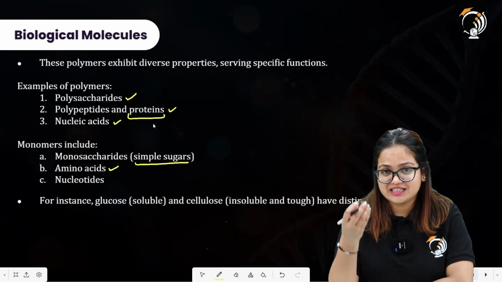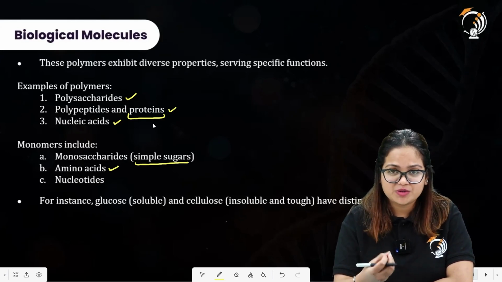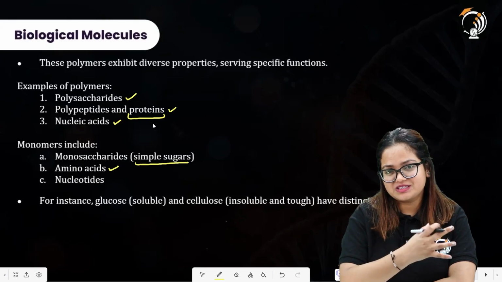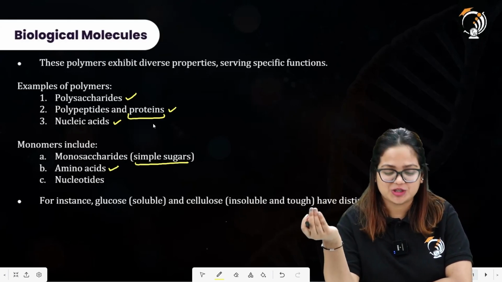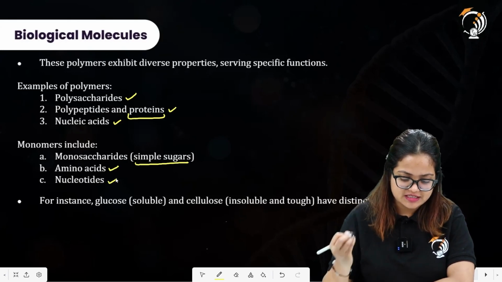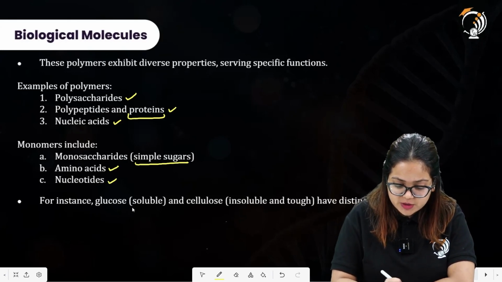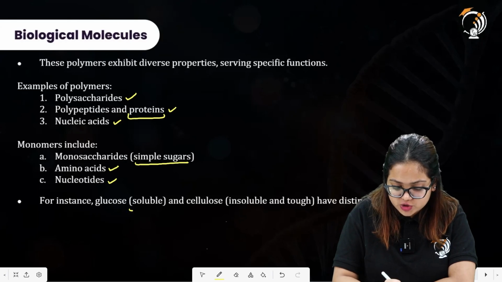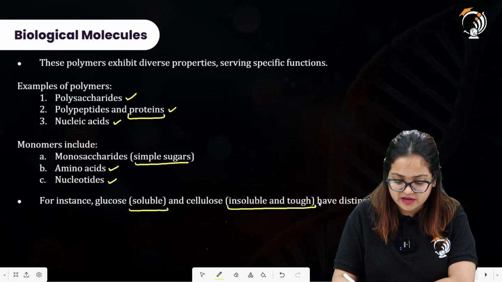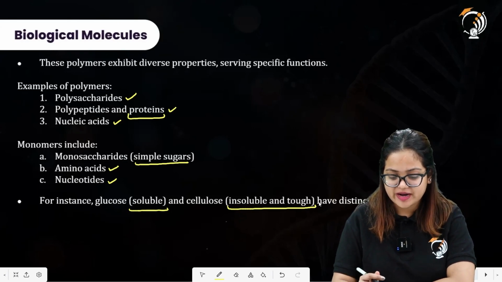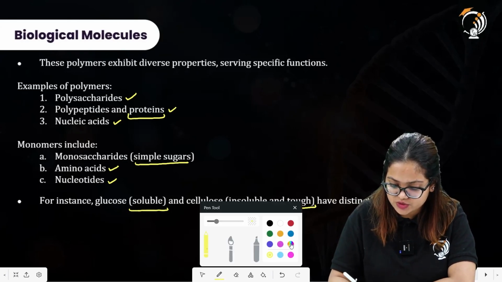So, how did this protein come into consideration? Monomers of amino acids combine with each other to form the protein molecule. Then we have nucleotides. For instance, glucose, that is soluble, and cellulose, that is insoluble and tough. So here we have the comparison between glucose and cellulose. All right.